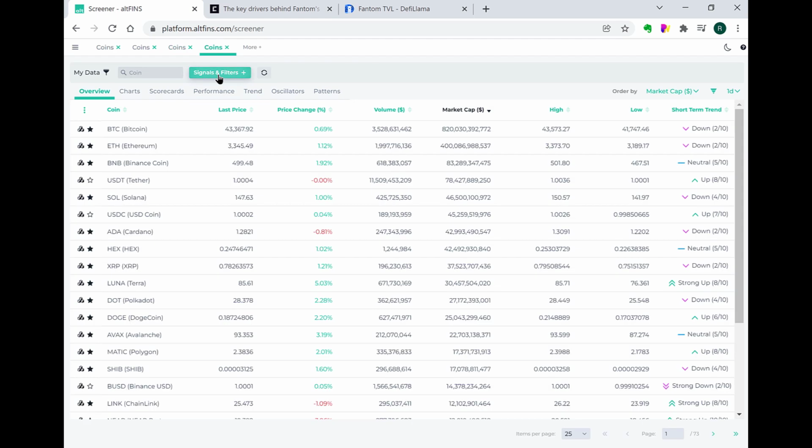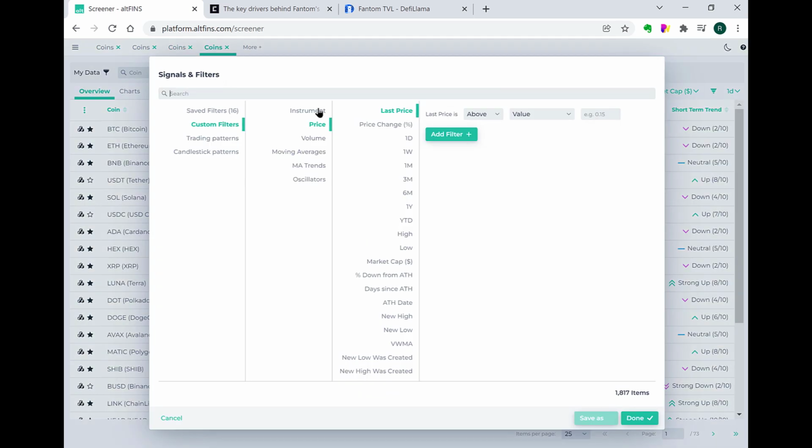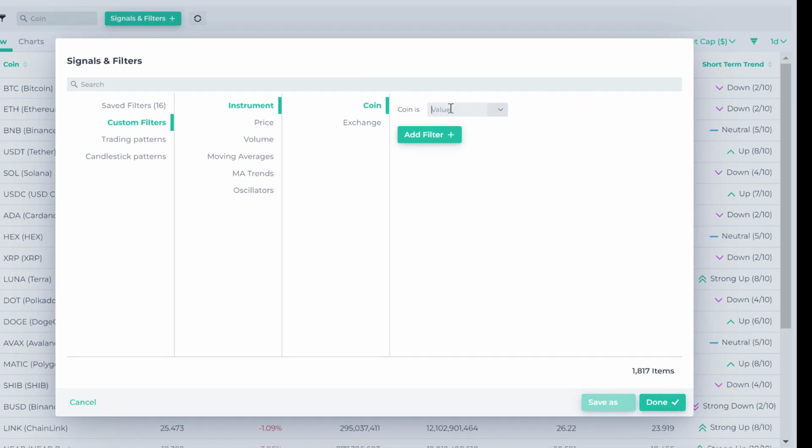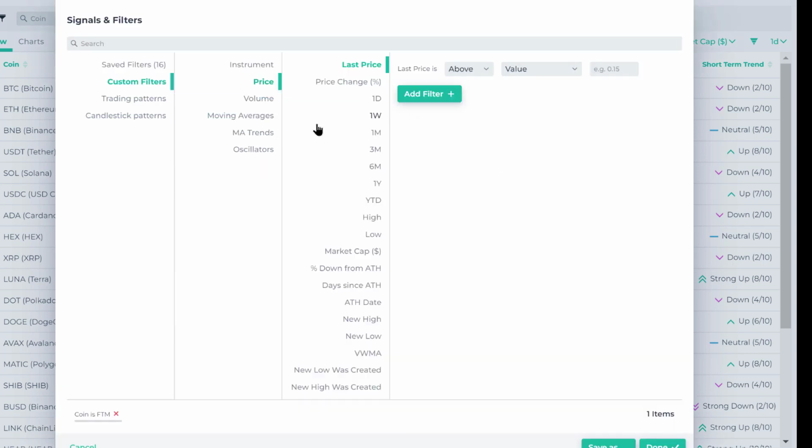Well, you create alerts. So if you want to create an alert, you go to the filters and say you want to be alerted about Fantom. So add that to the filter, and then I want to be alerted when the price is above 350.